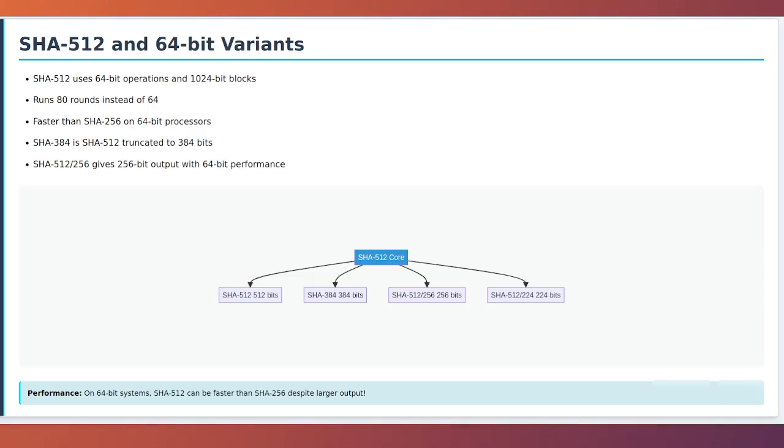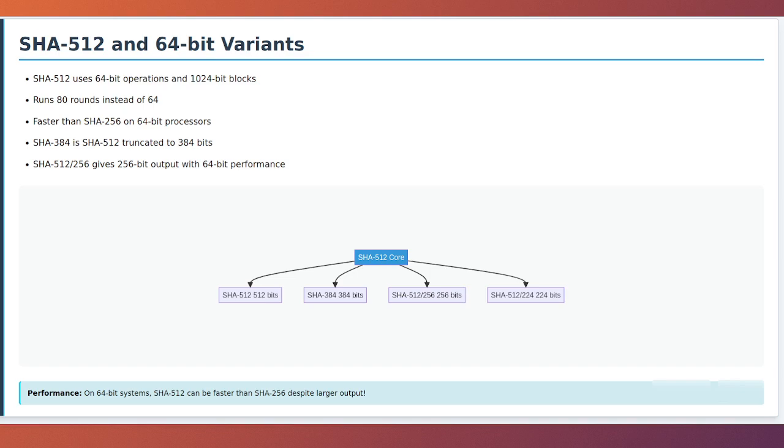Instead of maintaining 8 32-bit working variables, it uses 8 64-bit working variables. Instead of 64 rounds, it runs 80 rounds. The message schedule expands each 1024-bit block into 80 64-bit words instead of 64 32-bit words. The rotation and shift amounts in the sigma functions are different, chosen to work well with 64-bit words. For example, sigma 0 uses rotations of 28, 34, and 39 bits instead of 2, 13, and 22.